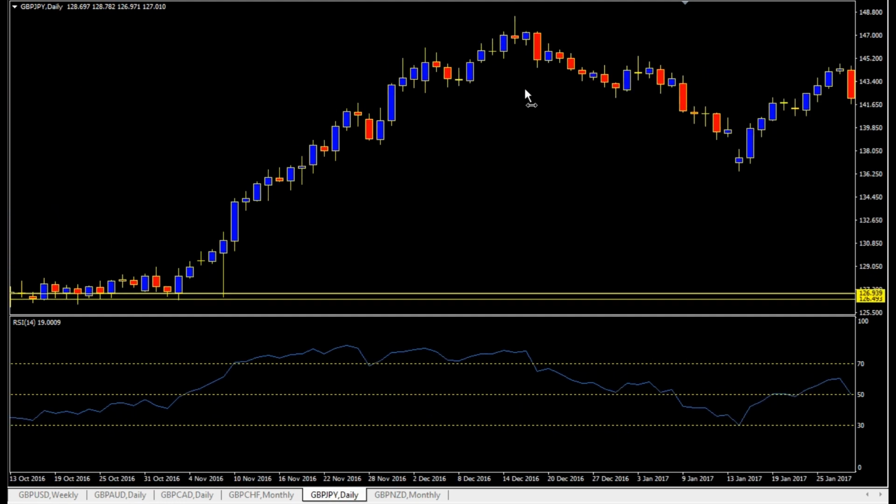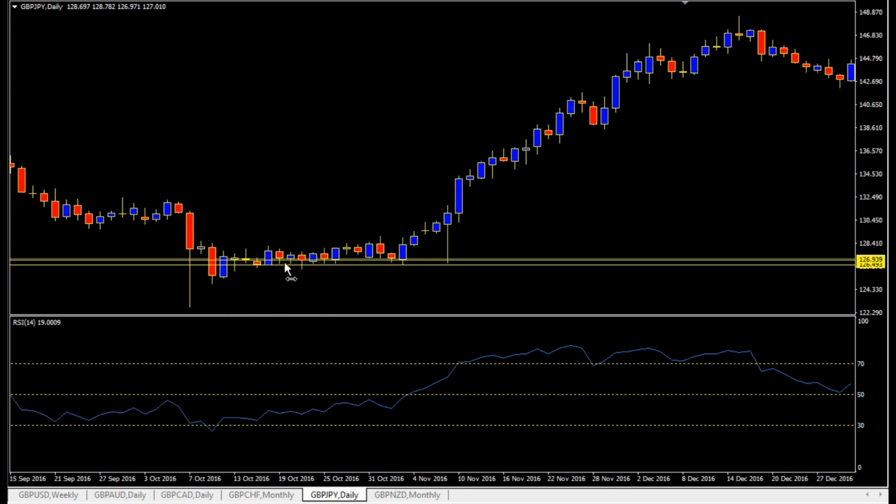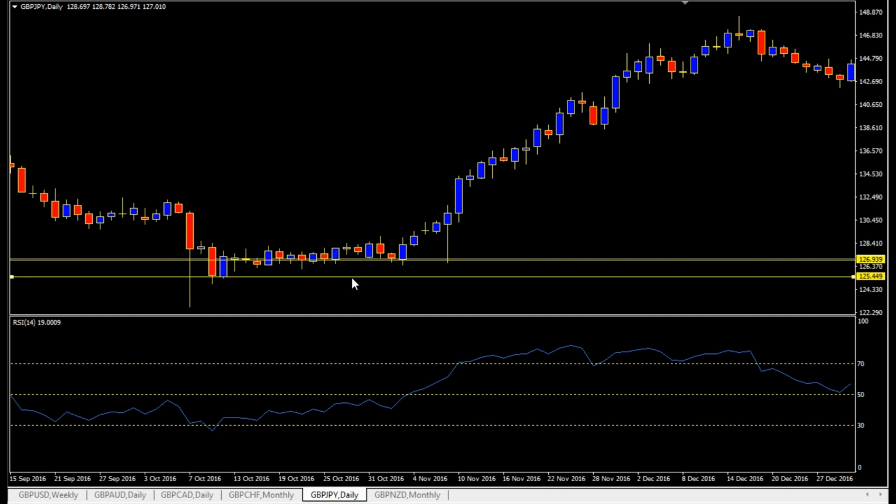There it is. This is the previous low. These are the previous lows. Okay, we can take these two lows, so it can come and bounce back.